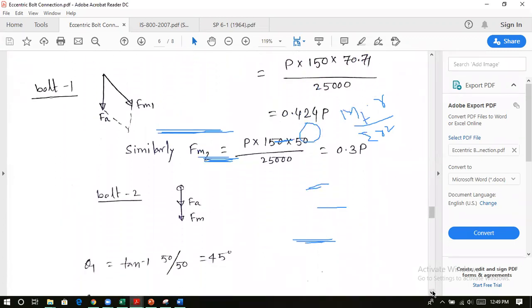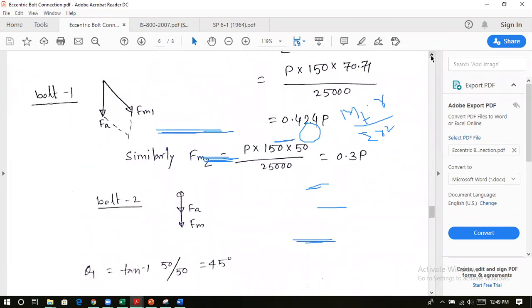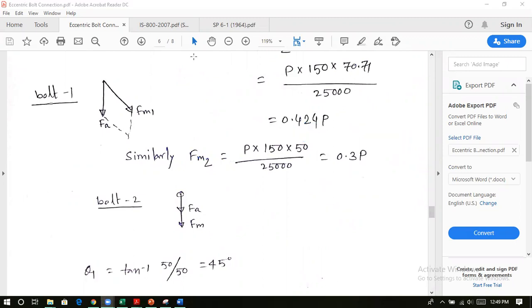And for that, we can simply calculate the forces on every bolt, or we can take a little time to find what can be the critical bolt. Simply we can draw one figure and we can find it.